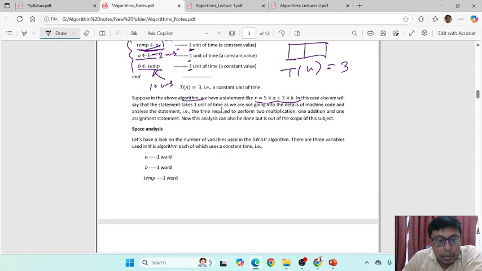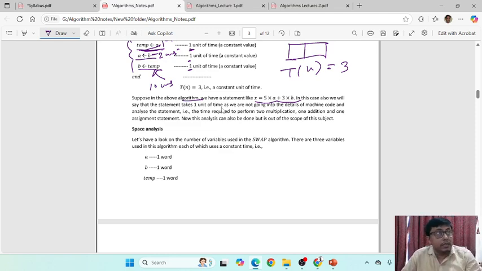In that case we will also say this particular statement will be taking a constant unit of time, that means 1 unit of time. The constant value is represented as 1 unit of time in terms of time and space both.